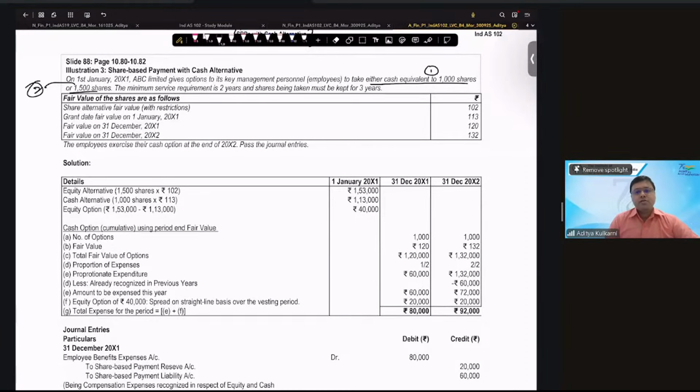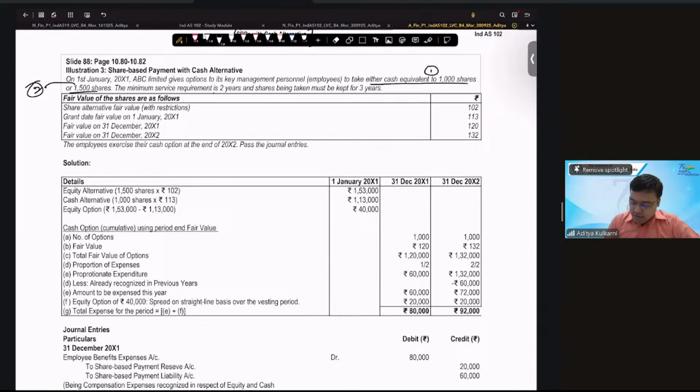It's not cash equivalent of 1000 or 1500. They are two different options. You will get cash equal to 1000 shares or I will give you 1500 shares. Obviously, shares will be more because that is not a cash element.